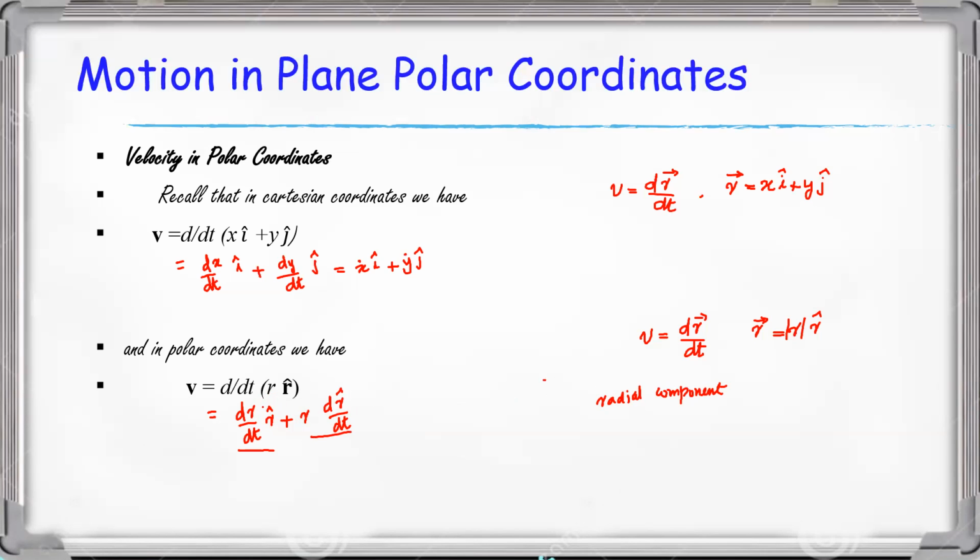It is not in the direction of r. We know that in the plane polar coordinate there are two directions. First one is the direction of r, and the second is the direction of theta, the tangential component. So we have to evaluate d r cap divided by dt.